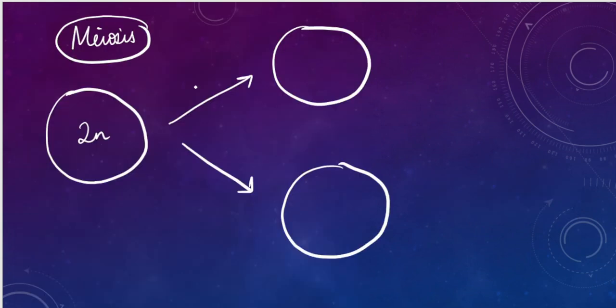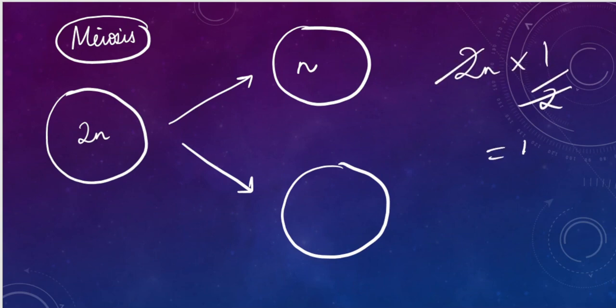This is the part. In the first division, what actually happens is, instead of getting the same number of chromosomes, here we don't get the same number. We get half the number of chromosomes. Half means 2n times half is equal to n.